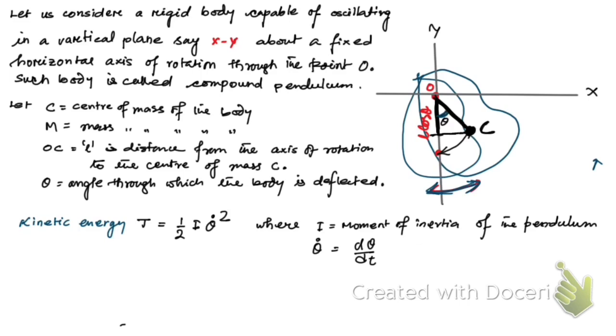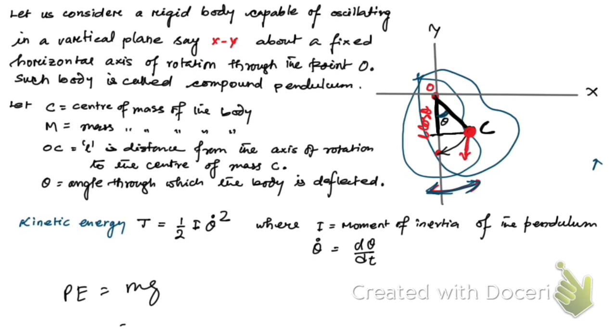Now let's calculate the potential energy. We know potential energy is equal to mgh. Here the mass of this object, I have taken capital M. We can say that the mass of a body is concentrated at the center of mass here.